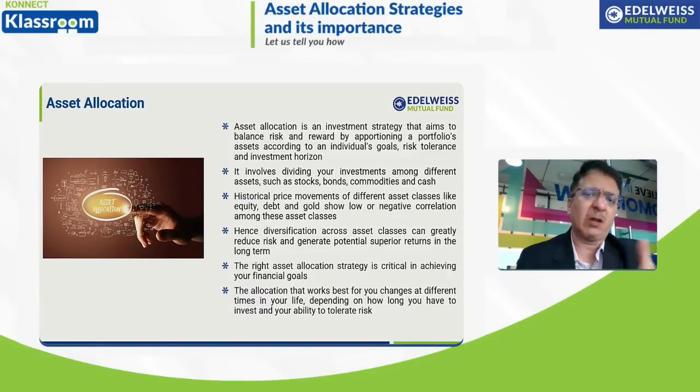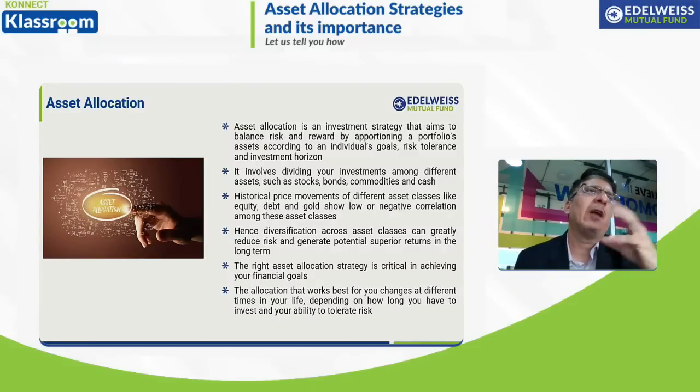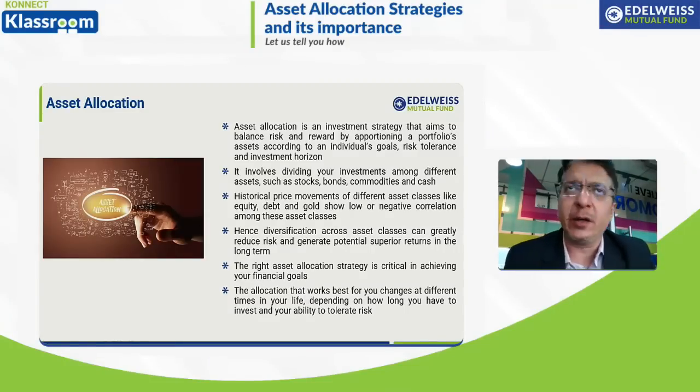And for some, it may even extend to investing in real estate if they have a corpus which can take exposure there. And why do you do this? Primarily because what we've also seen historically is that price movements across these asset classes is negatively correlated. What does it mean when I say negatively correlated?